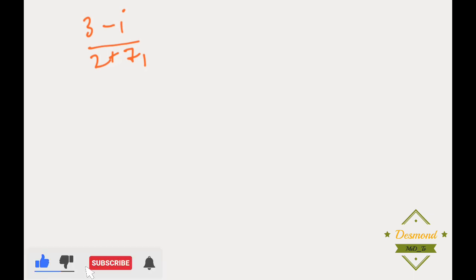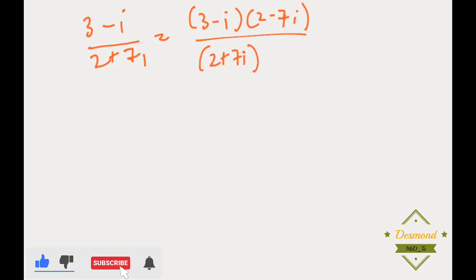You should get 3 minus i multiplying the conjugate of the denominator, which is 2 minus 7i, divided by 2 plus 7i multiplying the conjugate of itself, 2 minus 7i.